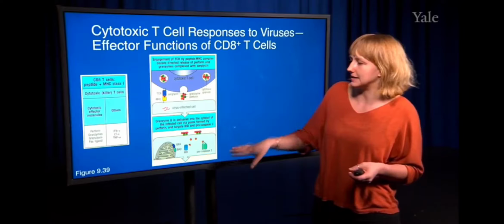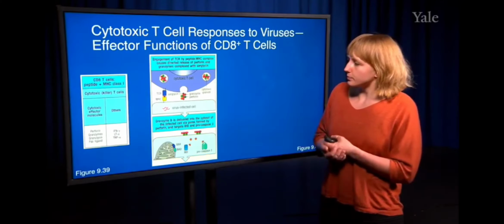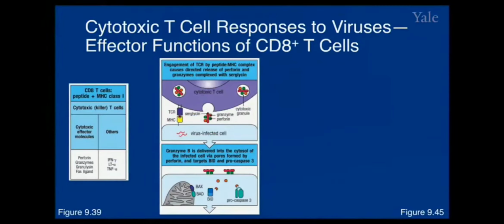So granzyme B is delivered into the cytosol of the infected cell via pores that are made by perforin. So perforin creates those holes through which granzyme B is brought into the cell, and this targets BID and procaspase 3.